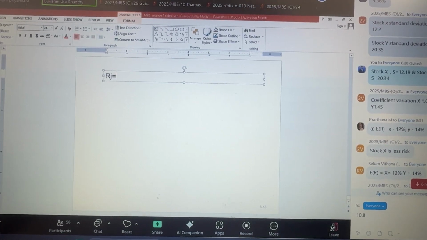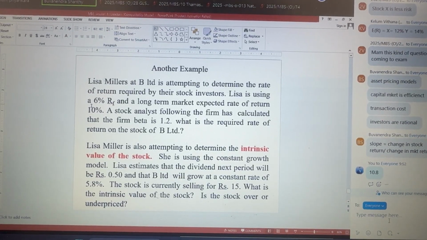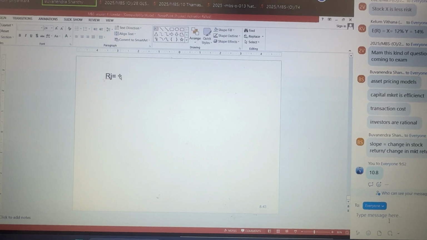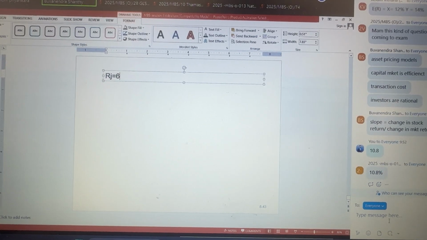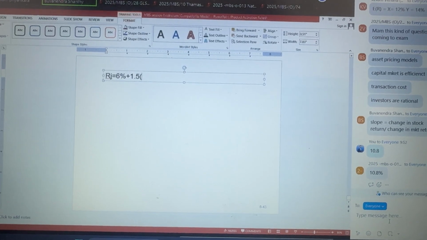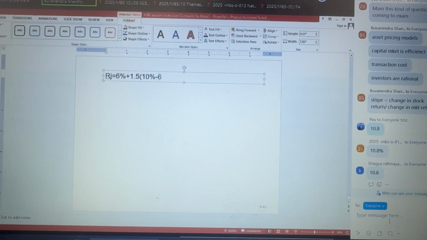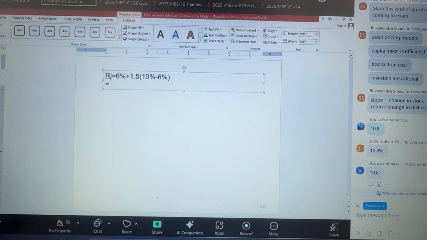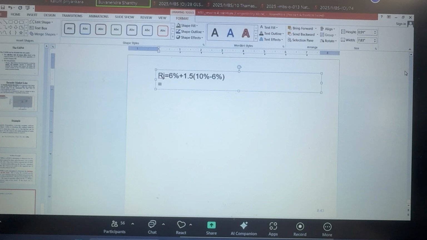So we take the risk-free rate, which is given as 6%, plus beta times the market return of 10% minus the risk-free rate of 6%.